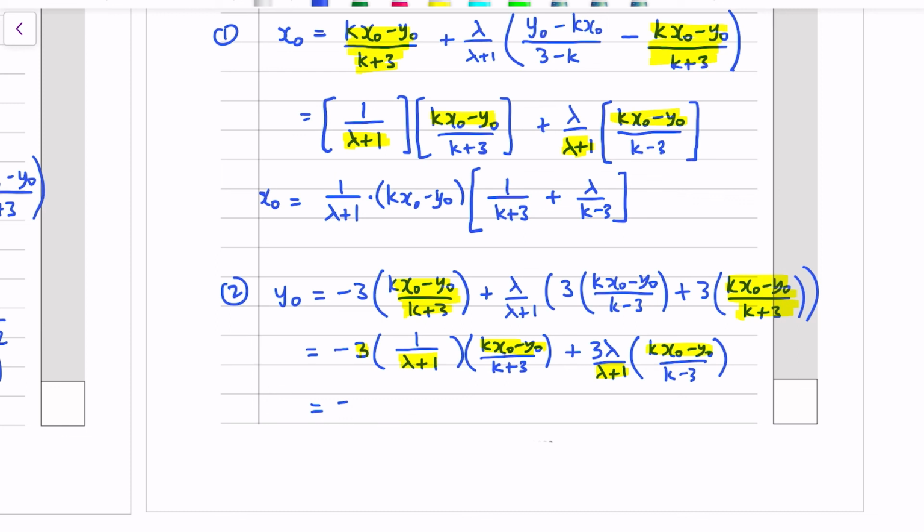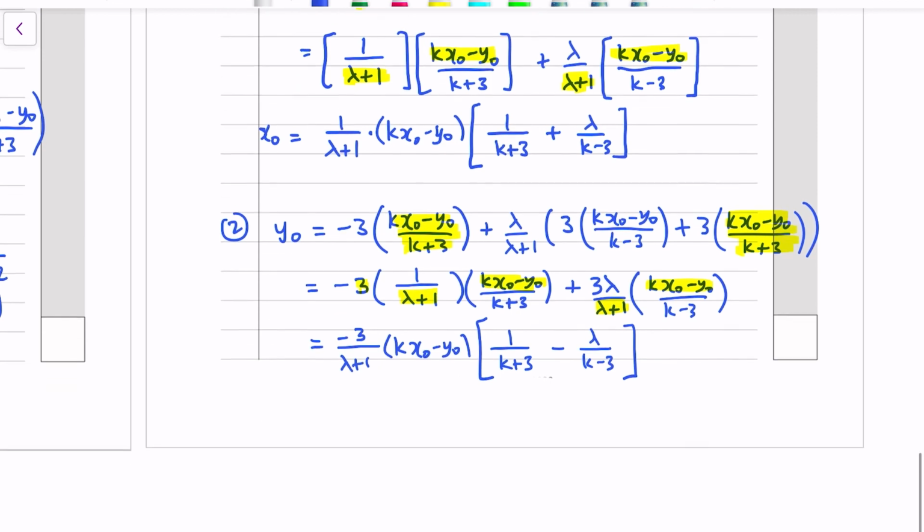So we've got minus 3 over lambda plus 1, kx naught minus y naught, all times by 1 over k plus 3 minus lambda over k minus 3.